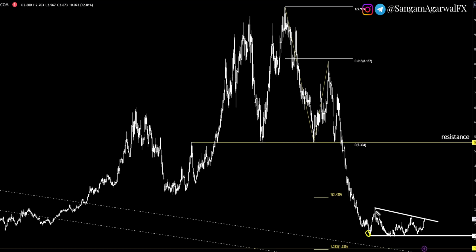Natural gas daily time frame, there were many requests. This is your triangle chart pattern, and if you do wave counting, this is final stage of chart pattern correction, and right now it is testing the upper trend line. And if this is a real chart pattern, then after 3 retests of this upper trend line, it should go below $2, and if it makes a new lower low, immediately buy natural gas.